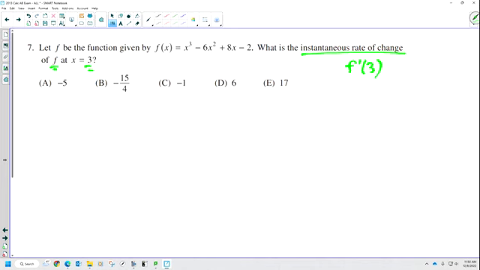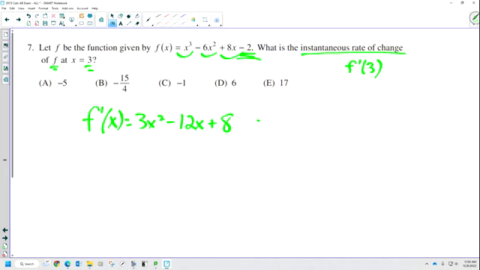Another easy problem. Let's take the derivative of f first. Derivative of x cubed, 3x squared, minus derivative of 6x squared, 12x, plus the derivative of 8x is 8. Derivative of a constant, 0, bye-bye, gone.